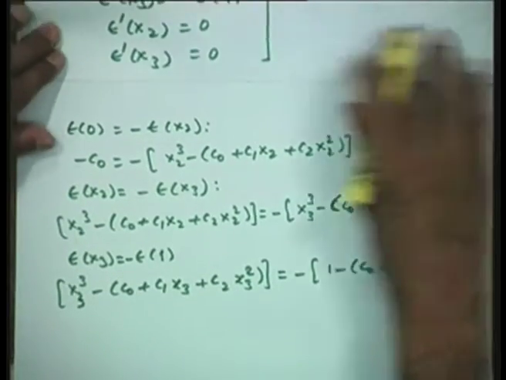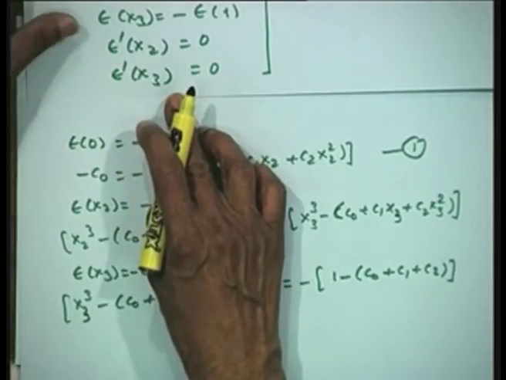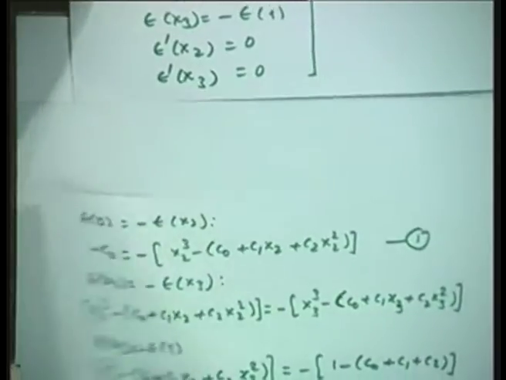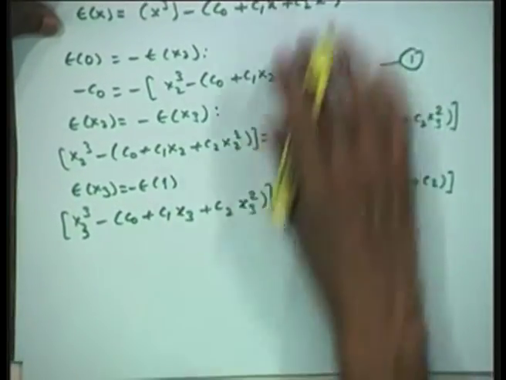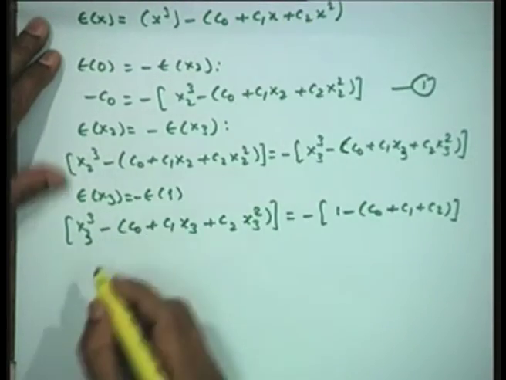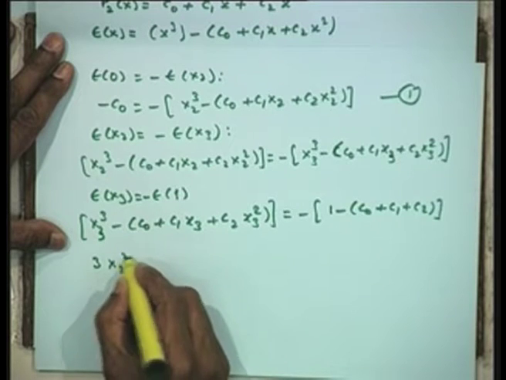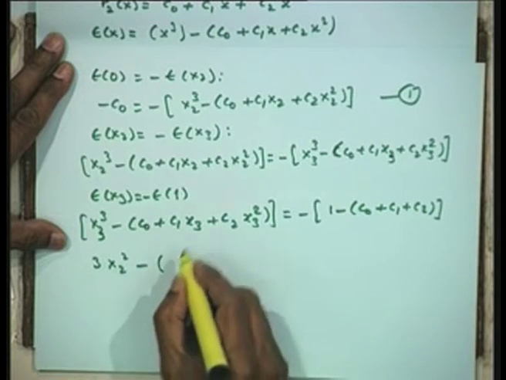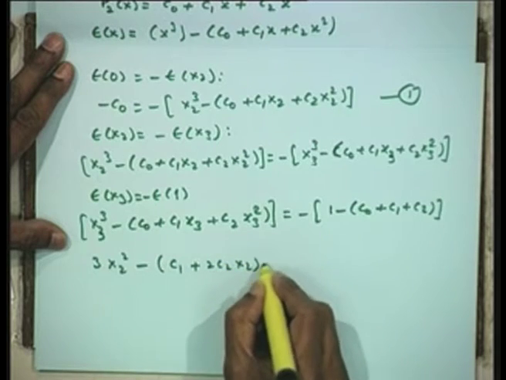Now, let us write down the last two equations that we have here, that is the derivatives at x 2 and at x 3 are equal to 0. So, if I now differentiate this epsilon x here, I would get 3 x 2 square minus c 1 plus twice c 2 x 2 is equal to 0.